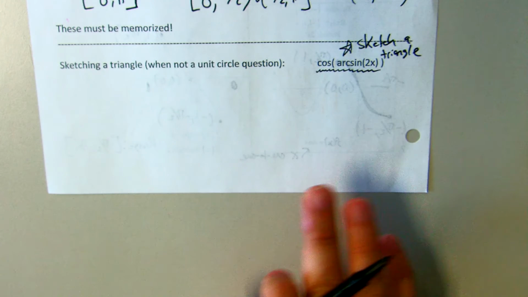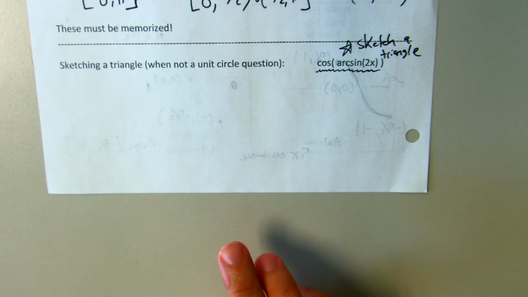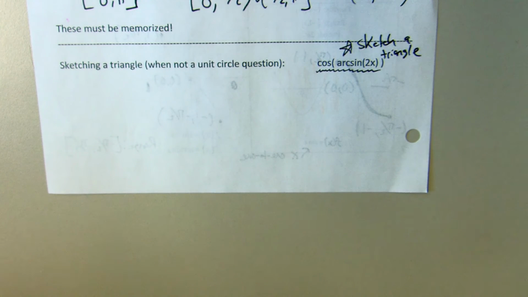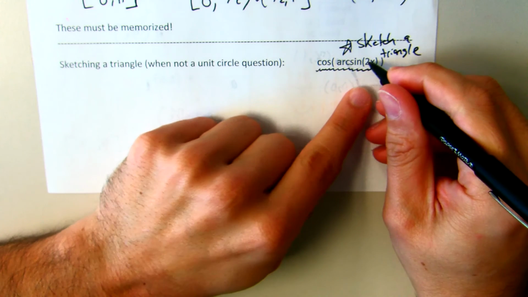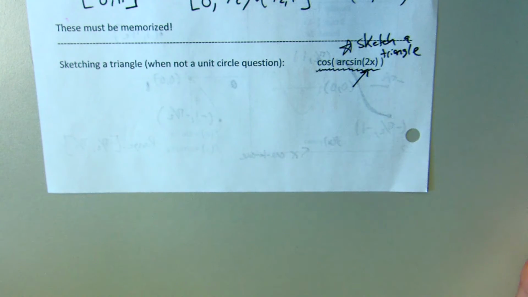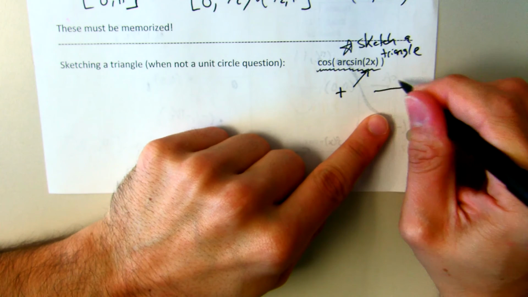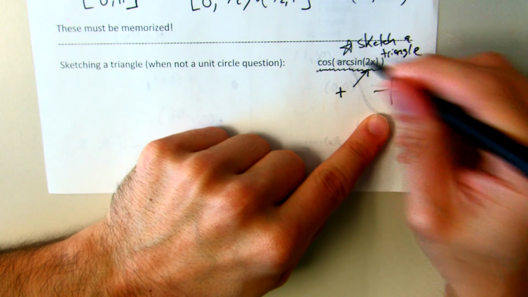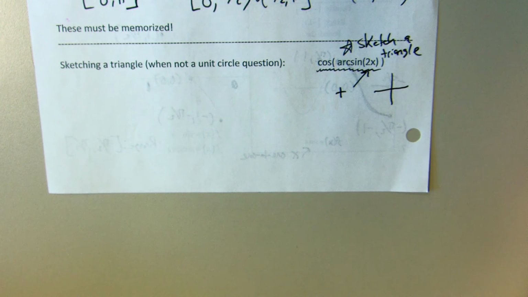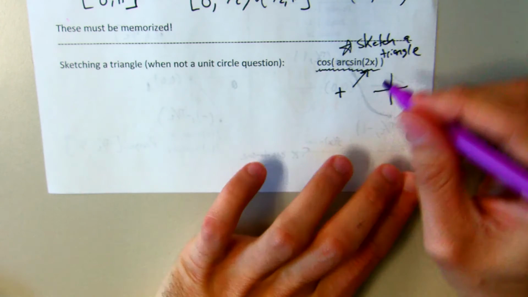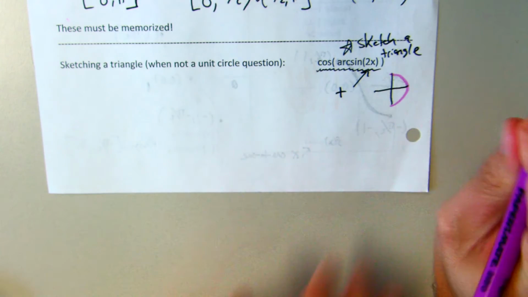Alright, well, sometimes it matters which quadrant we put it in. A lot of times we get it right just out of coincidence. Is this 2x positive or negative? Okay, it's a positive 2x, it's implied. And what quadrants does inverse sine work within? 1 and 4, because the range of inverse sine is this.